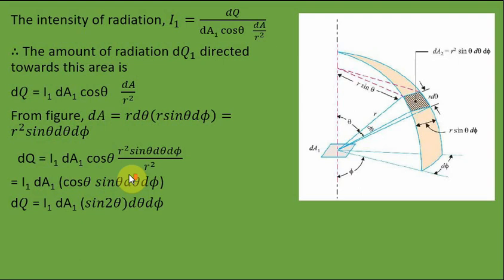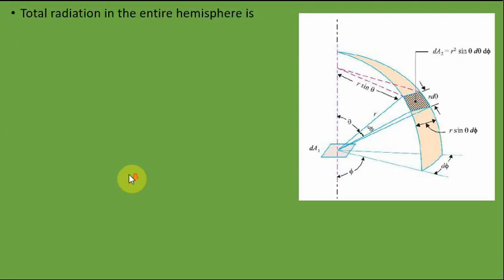Now, the radiation emitted in all directions, not only in this one direction, that means over the whole hemisphere, can be obtained by integrating over theta from 0 to pi by 2, and integrating the same equation with the angle phi from 0 to 2 pi.